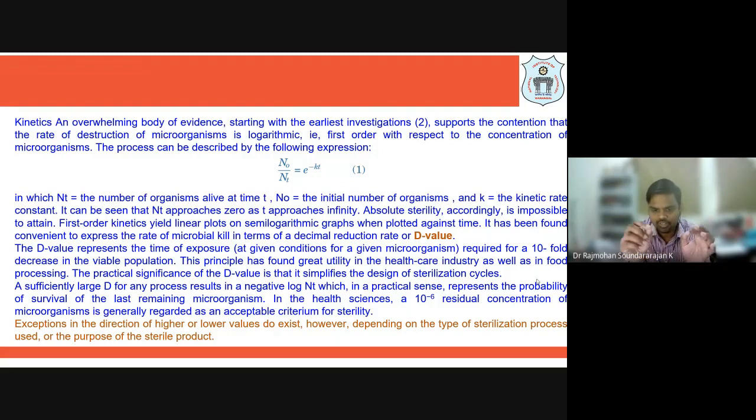So that is the final concentration of microorganisms, 10^-6. We can always have an exemption: exemptions in the direction of higher or lower values do exist, but they depend upon what type of sterilization technique is used and the purpose of sterilizing the equipment or product.